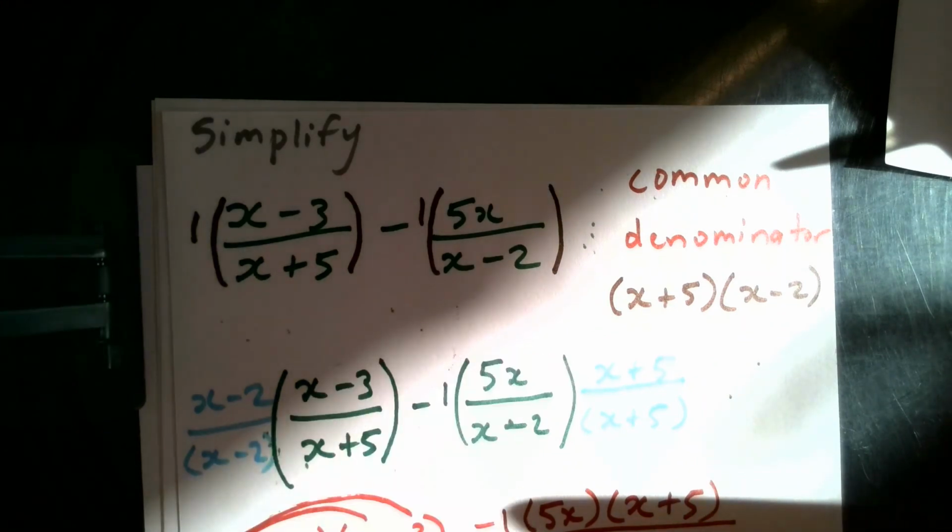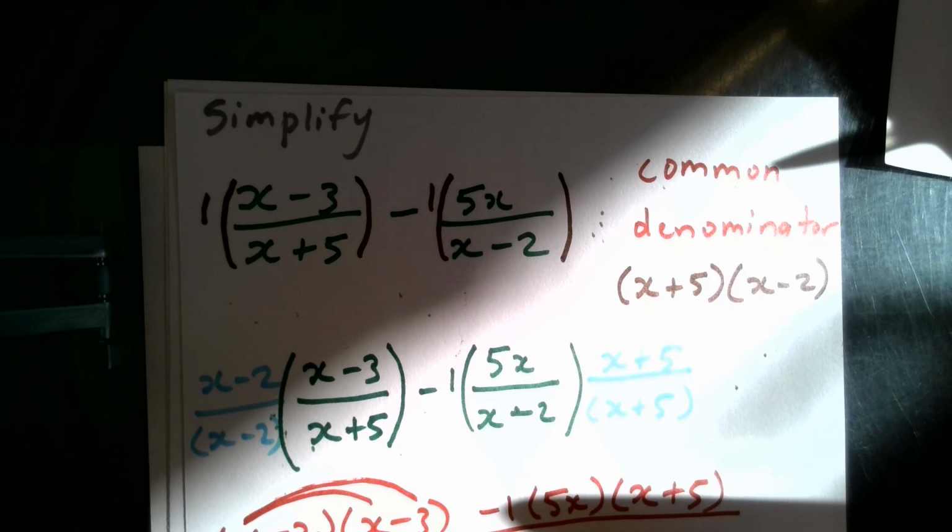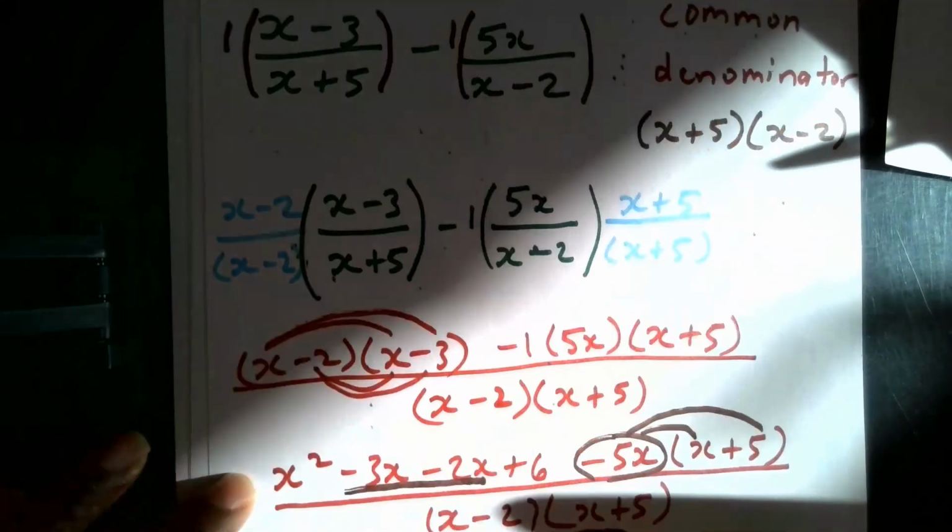The reason I did that is I wanted to do the most difficult problem, which is subtracting. Once you are able to subtract rational expressions, you can easily add rational expressions, and that's my reason for doing that.